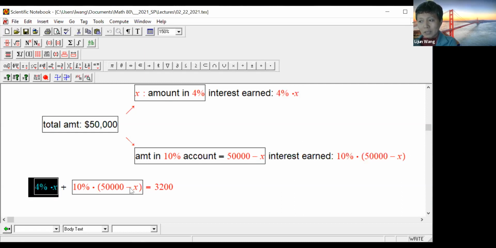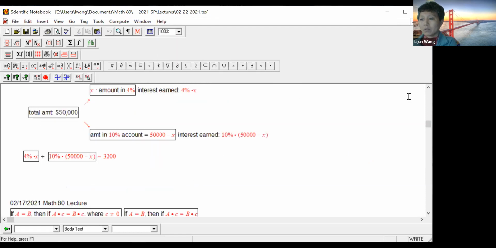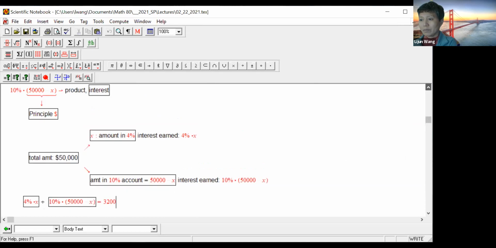Interest plus interest equals interest. Apple plus apple is apple. Okay. Does everybody follow? So this is the think-out-loud part. Of course, we're going to solve the equation and all of that, but I'm going to show you how you show your work.